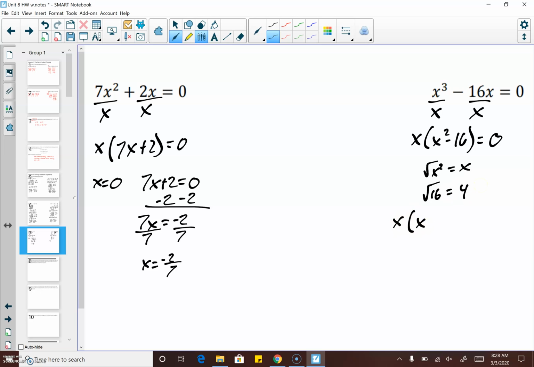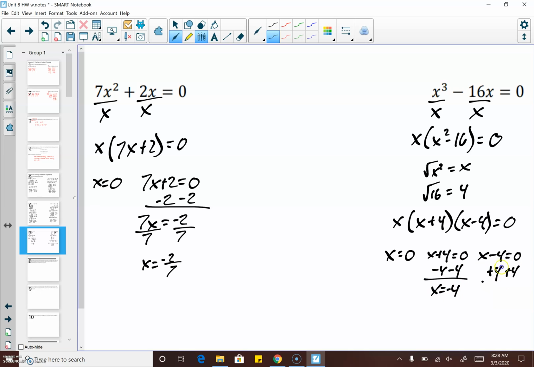So we keep our x out in front, and then our parentheses are x plus 4 and x minus 4. So now, you get x equals 0, you have x plus 4 equals 0, and x minus 4 equals 0. So we'll subtract our 4 on both sides, you get x equals negative 4. Add our 4 to both sides, and you get x equals positive 4.